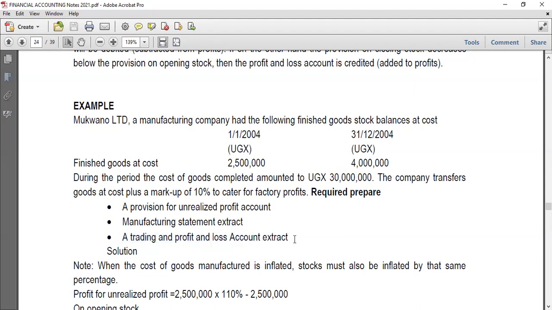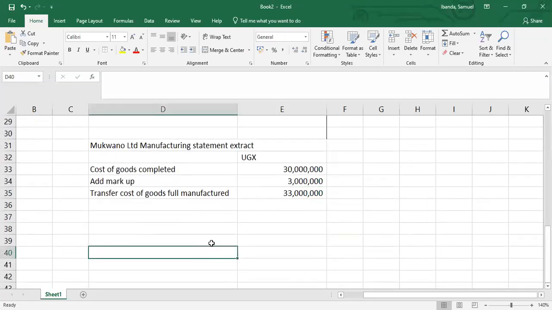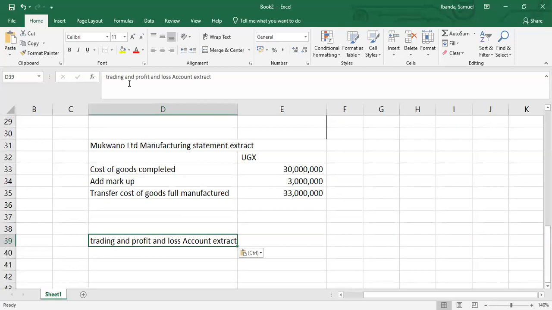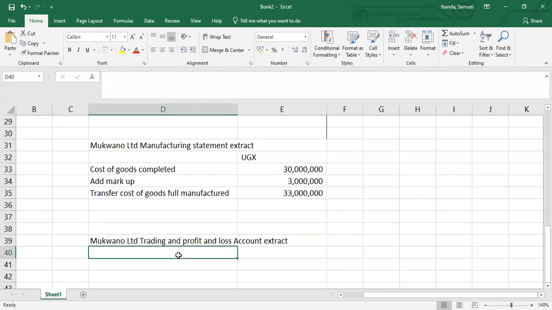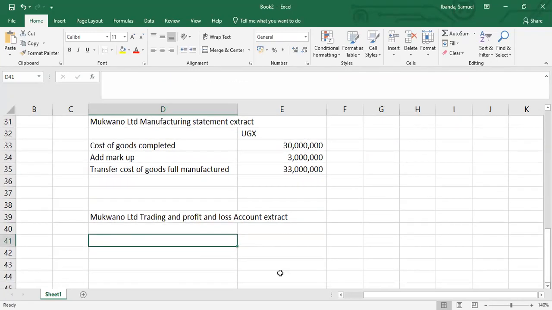So I'll just copy this. They want us to draw up Mukwano Limited profit and loss extract. Remember what happens with our profit and loss account, trading?